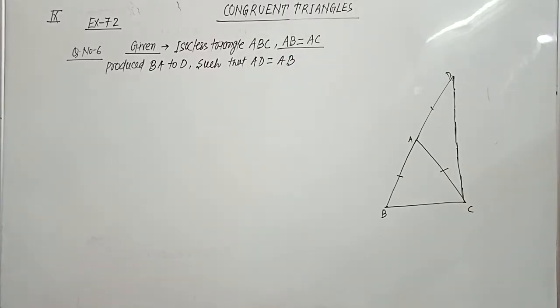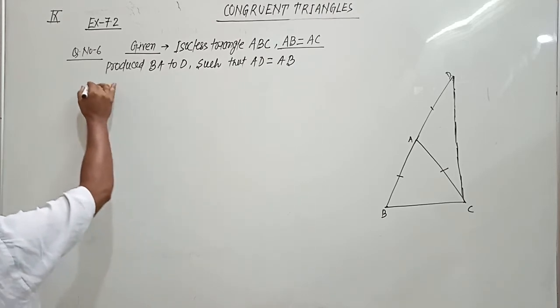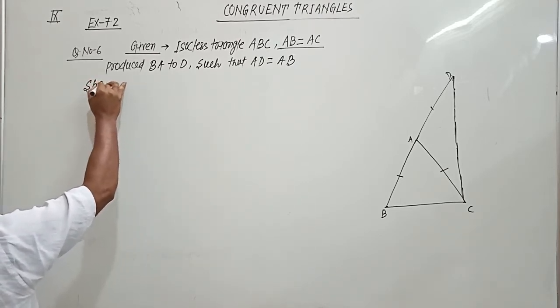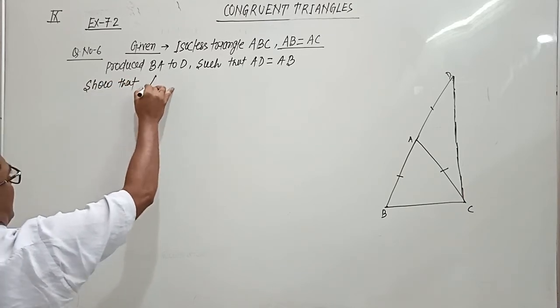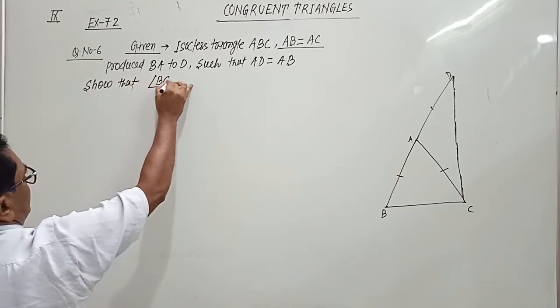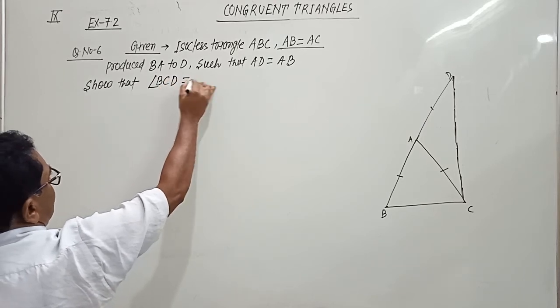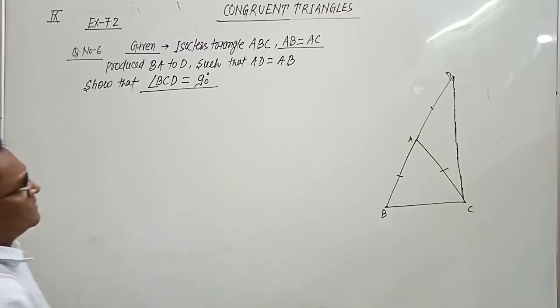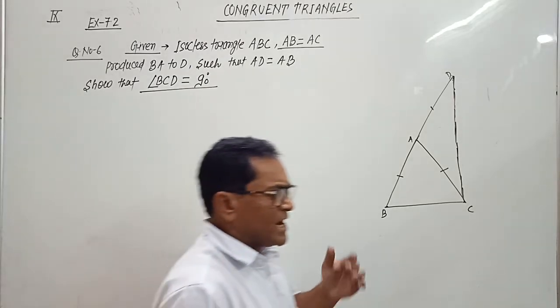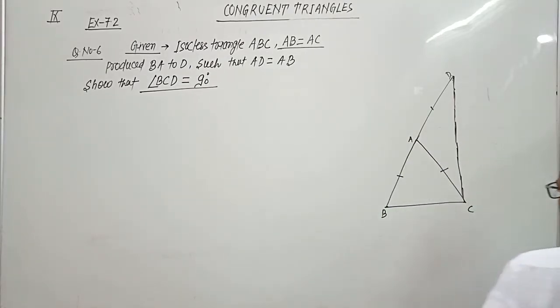Then show that angle BCD is a right angle. We have to show that angle BCD is a right angle, which means it is 90 degrees.